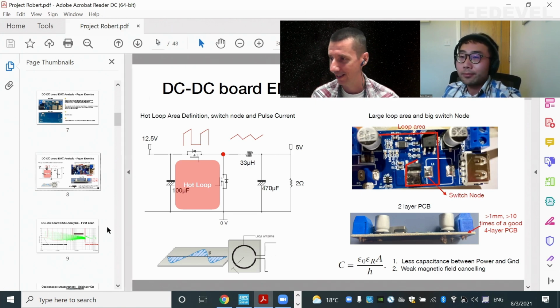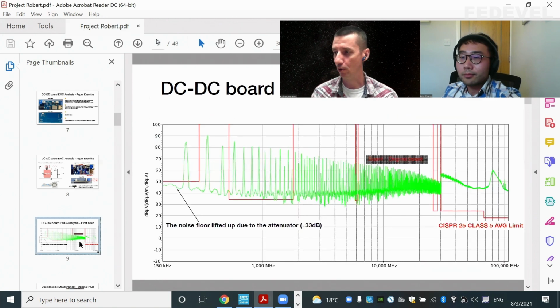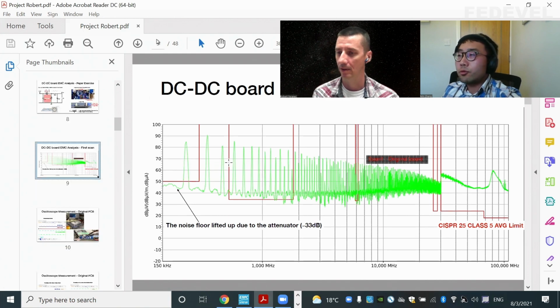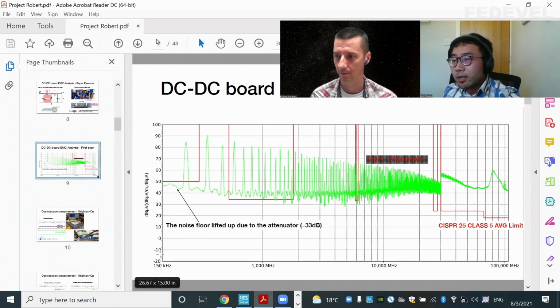So we can move on and talk about the capacitor, because I'm curious to know what is the right value, and what the parameters or properties of these capacitors are. This is the result of the first scan. We see it's quite bad, and we can also tell that they failed even in a very low frequency range. Most of the time, with a very good design, a failure would be at least in the 20 to 30 megahertz or 100 megahertz range.